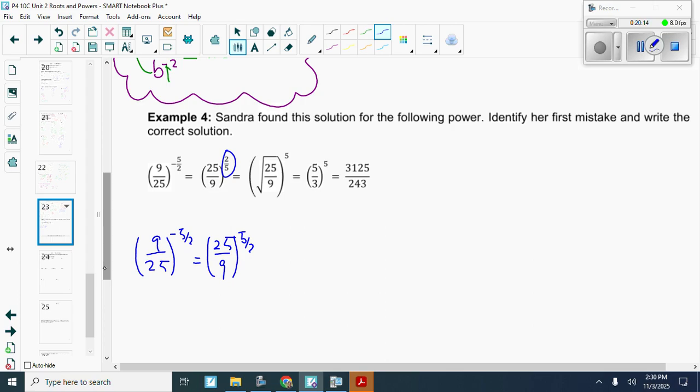Never, ever, ever are you going to flip the exponent. The only thing that gets the reciprocal is the base, the thing that's in the brackets. So that was her first mistake: flipping the exponent.